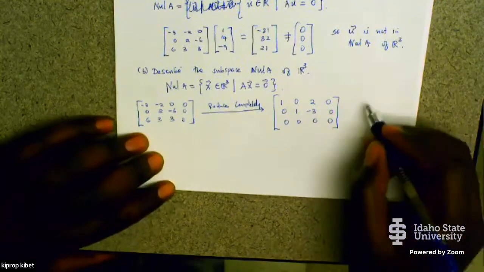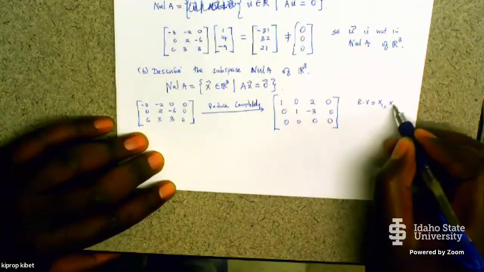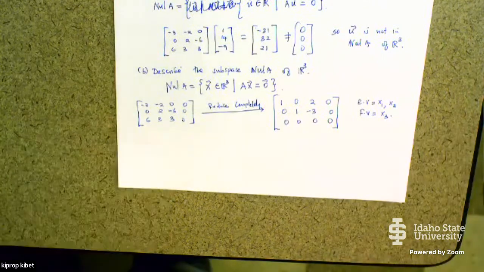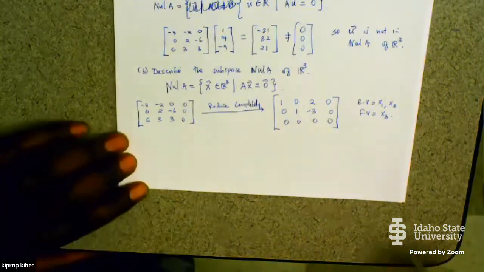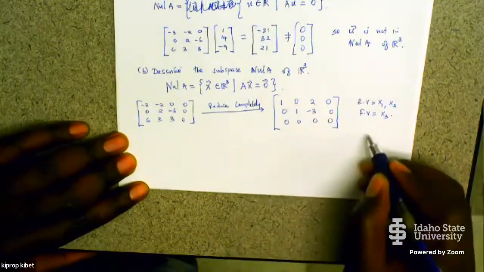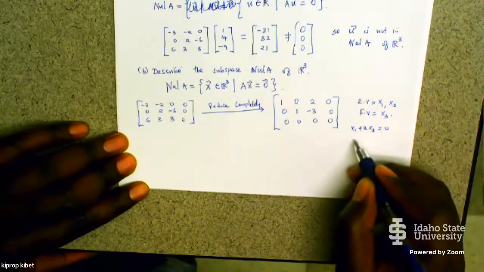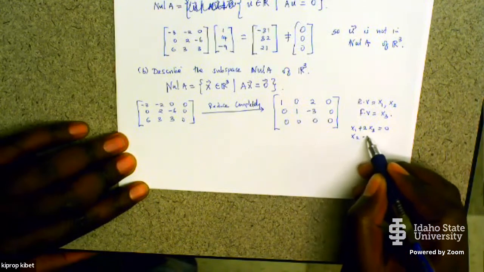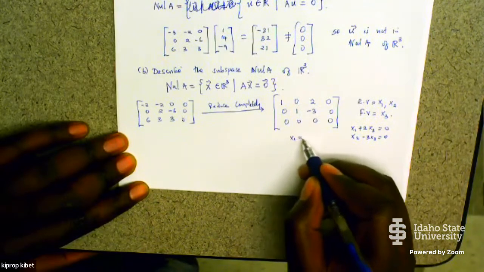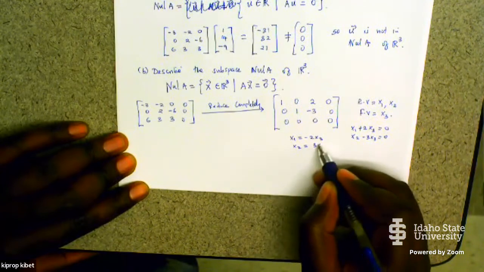Now, here, the basic variables are x1 and x2. The free variable is x3. Then our new equations are x1 plus 2x3 equals 0, and x2 minus 3x3 equals 0. Then x1 equals minus 2x3, x2 equals 3x3.